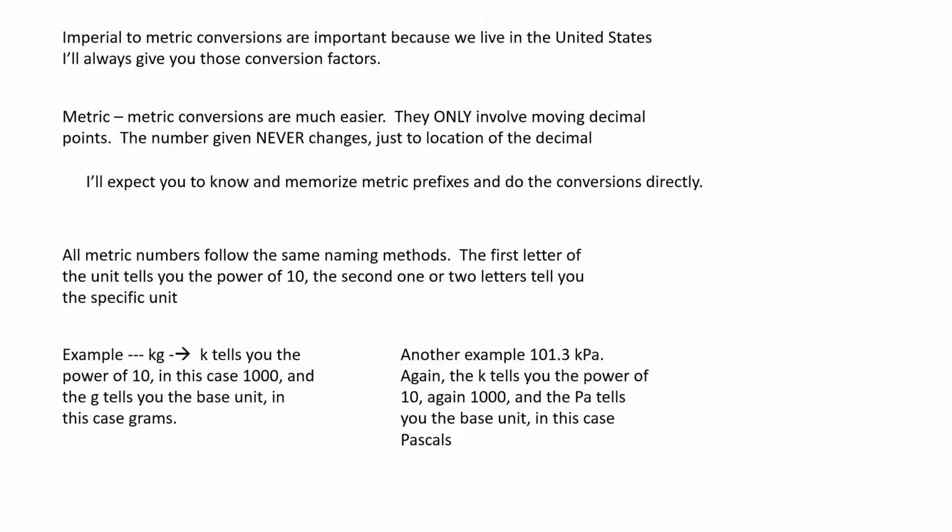Another example would be 101.3 kilopascals. Again, the K tells you the power of the unit, this time it's 1,000, kilo, and the Pa, pascals, tells you the base unit, in this case, pascals. You're supposed to only have one letter represent the unit, but pascals is an exception.